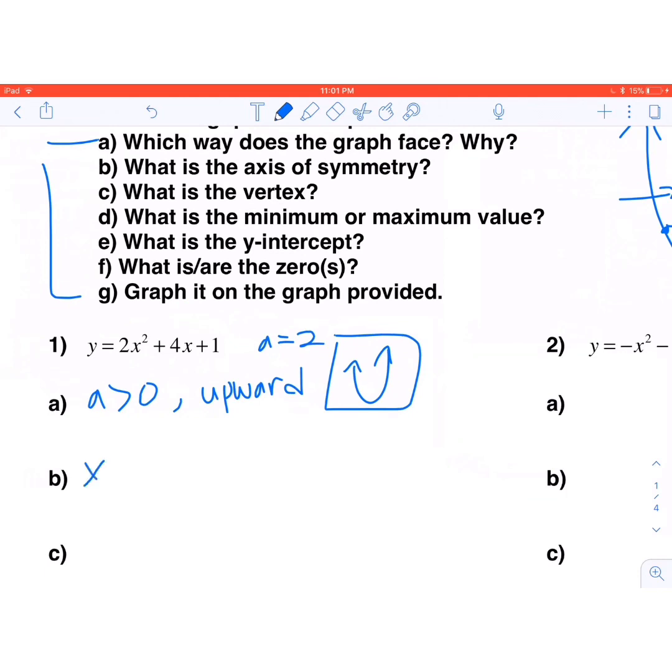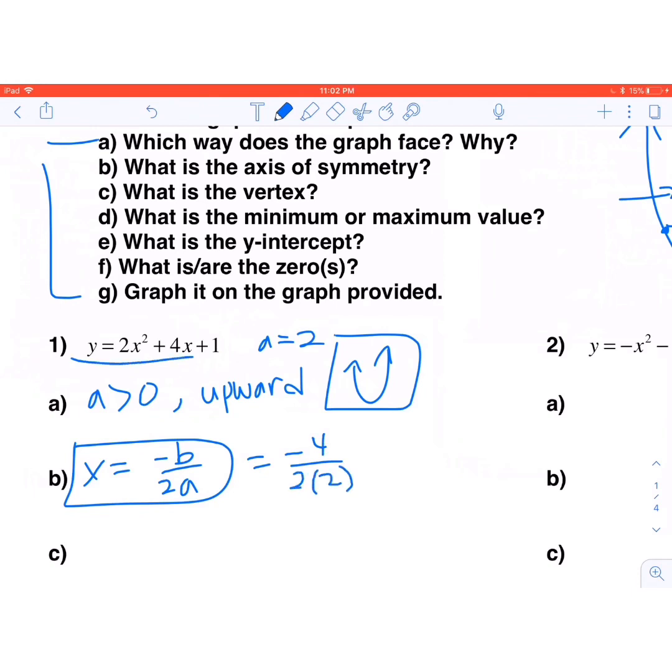We're going to use x is equal to negative b over 2a as a formula. So negative 4 over 2 times 2. I'm using the a, b values from the actual equation. So it'll be negative 4 over 4, which is negative 1. So we're going to have an axis of symmetry of x is equal to negative 1. The line will form, where it folds will be at negative 1.